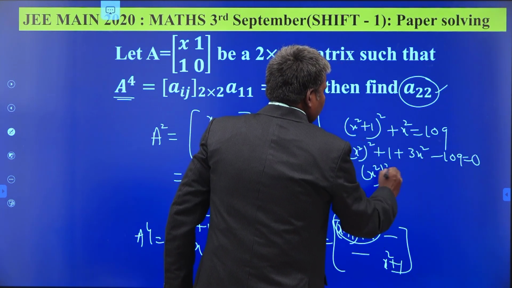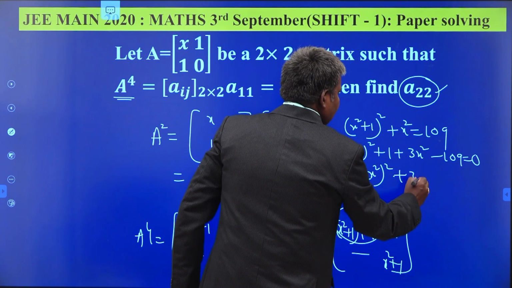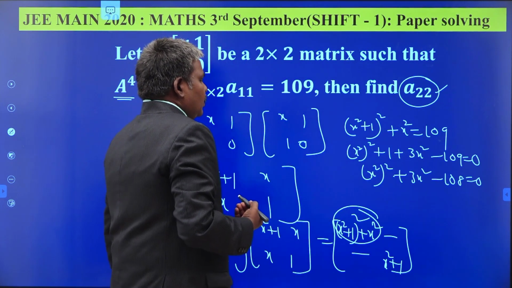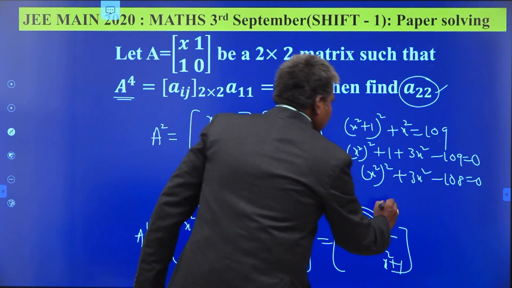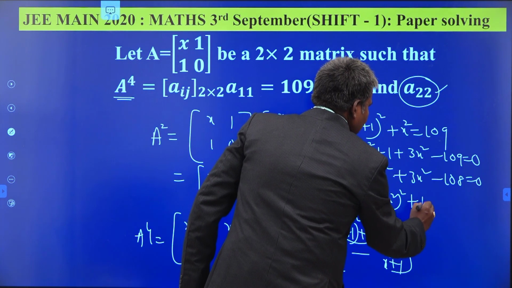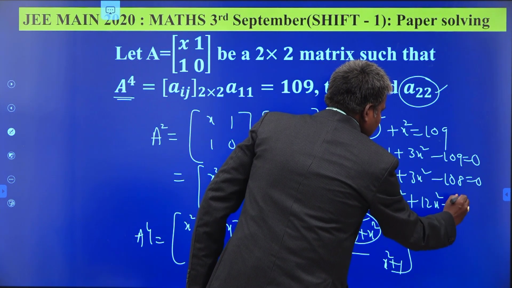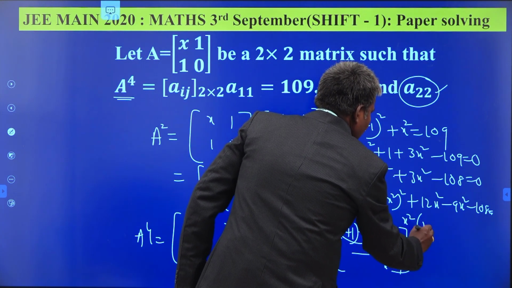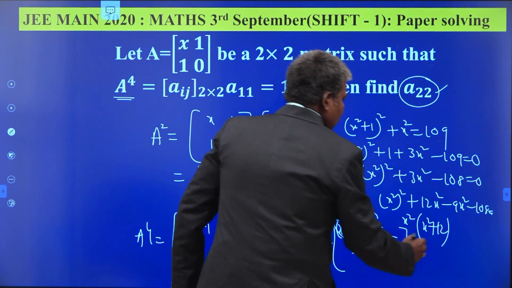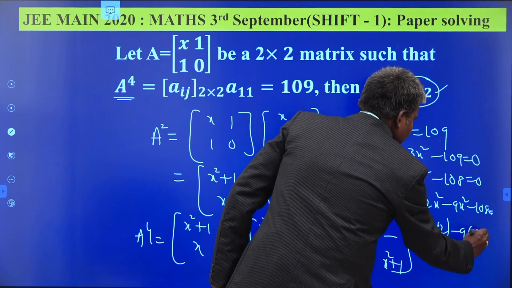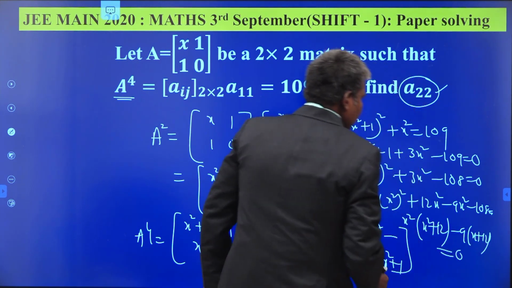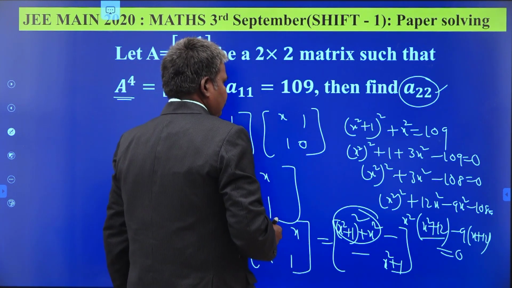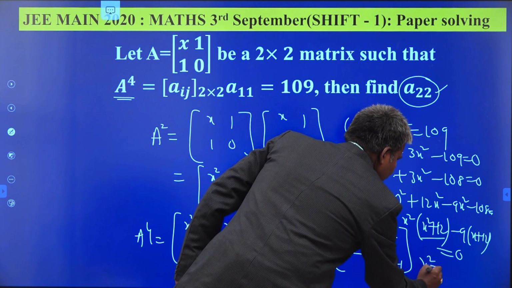That is, x square whole square plus 3x square minus 108 equal to 0. 12 nines are 108, so x square whole square plus 12x square minus 9x square minus 108 equal to 0. Factorizing, x square times x square plus 12, minus 9 times x square plus 12, equal to 0. x square plus 12 is never 0. Therefore, x square is equal to 9.